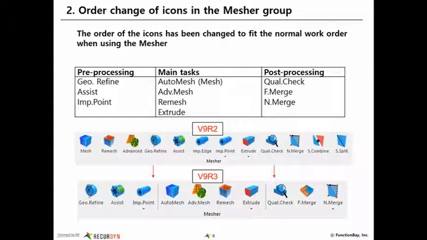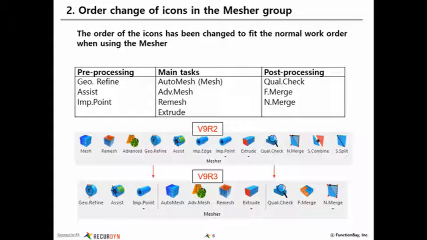All right, as they're adding more and more features to the mesher, it can get a little bit cluttered. So they've made some simplifications and reordered things a little bit to make things easier to look at and include it in a more intuitive way.